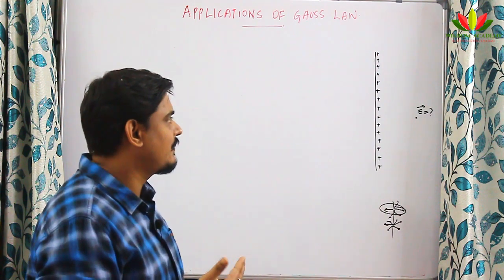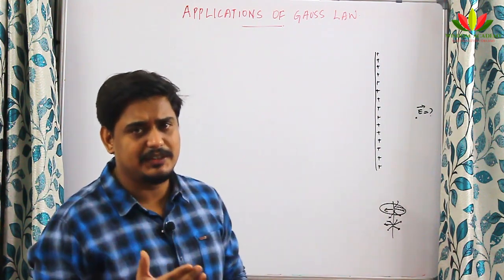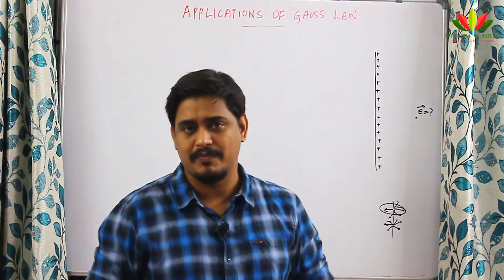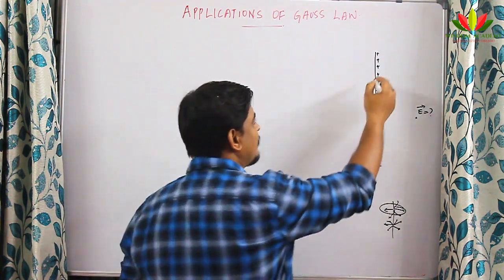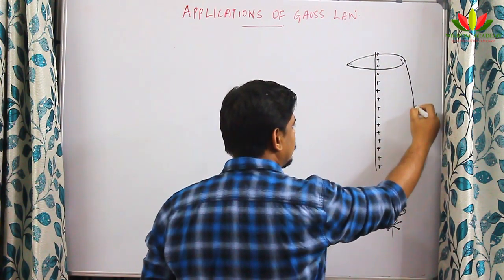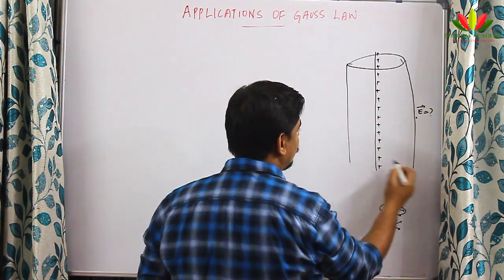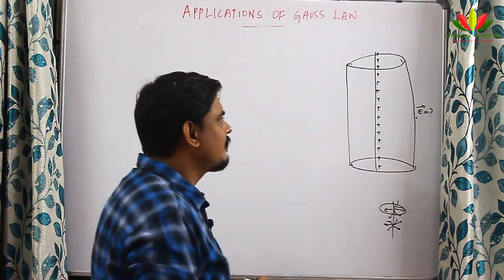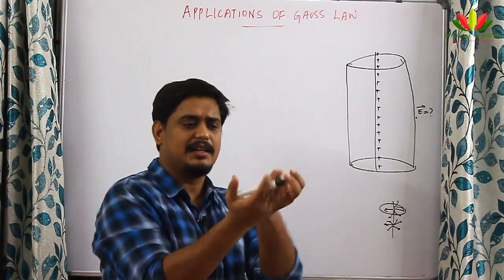A Gaussian surface is an imaginary surface which is drawn in such a way that it encloses all the charge. Here the best Gaussian surface can be a cylindrical Gaussian surface like this. When it is cylindrical, it has one curved surface area and two circles.